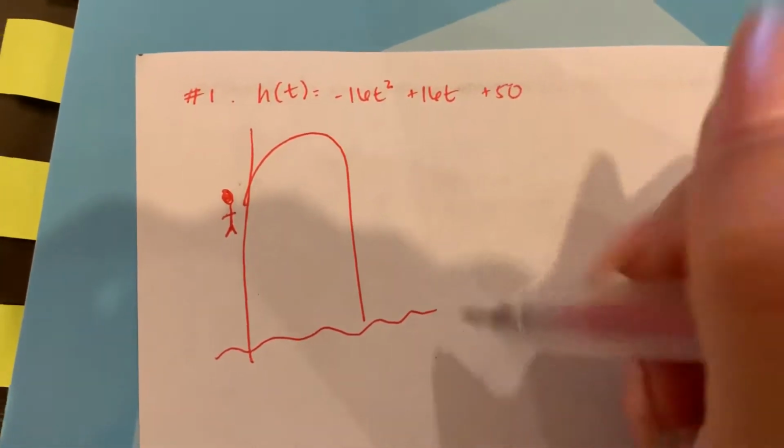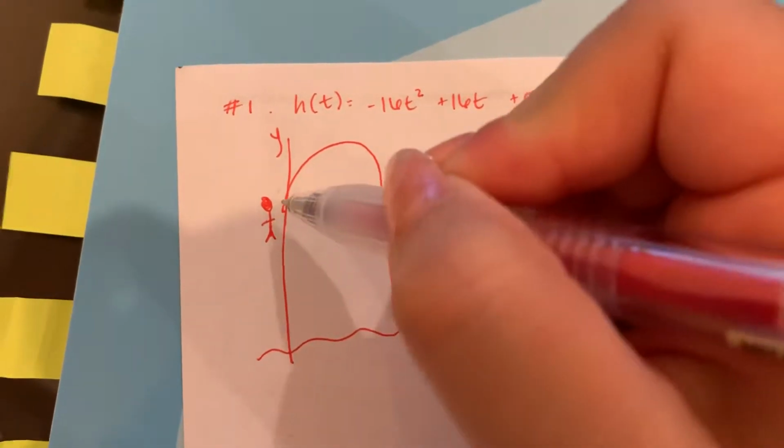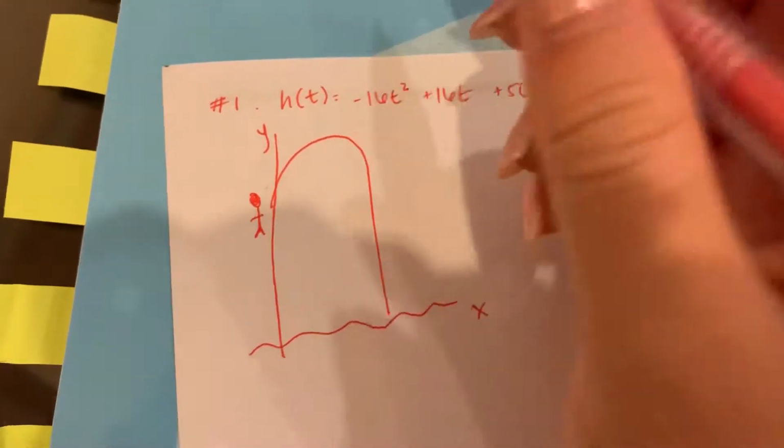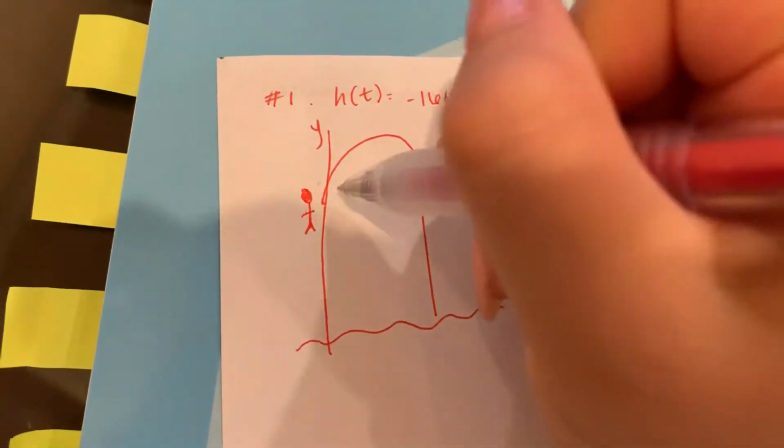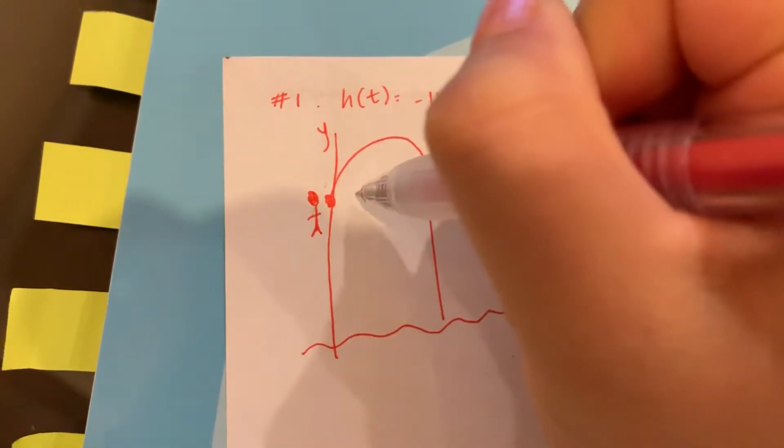And we can see that this is the x-axis and this is the y. This is where the person is jumping off of the cliff on the y-axis. So this is our y-intercept.